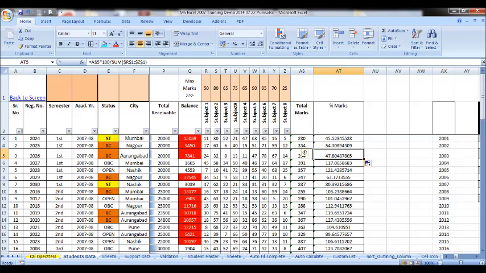So while copying, irrespective of the position of other cells in the formula, the cells stay frozen. Copy it for the rest of the cells. And similarly, if you look at the other part of the formula, this is AS5, that is this cell. In this case, this is AS4.